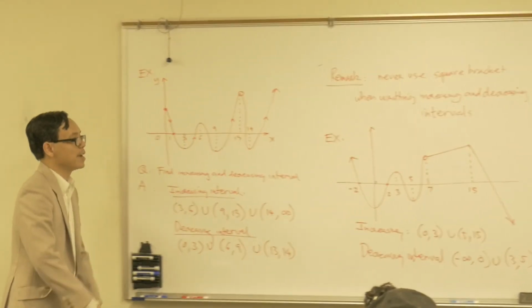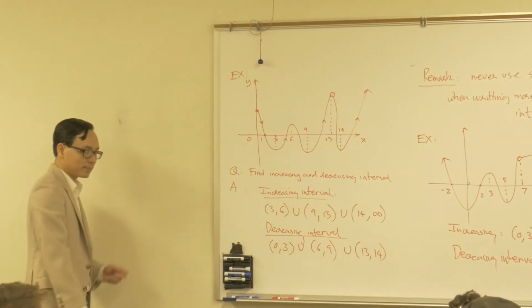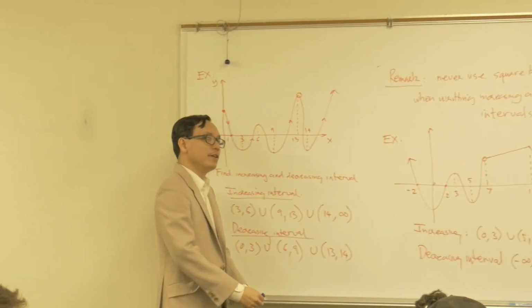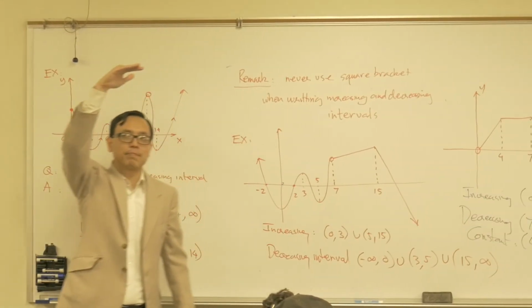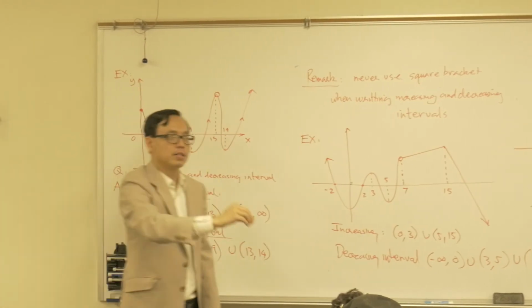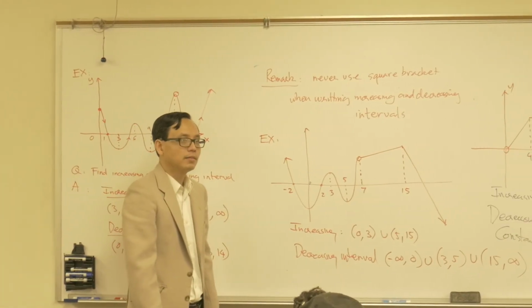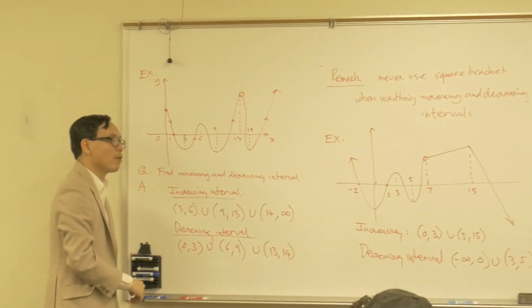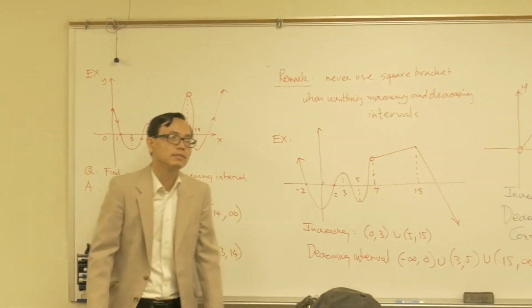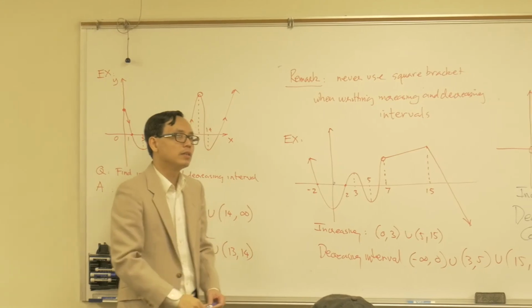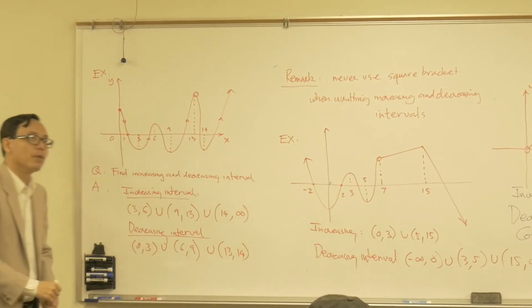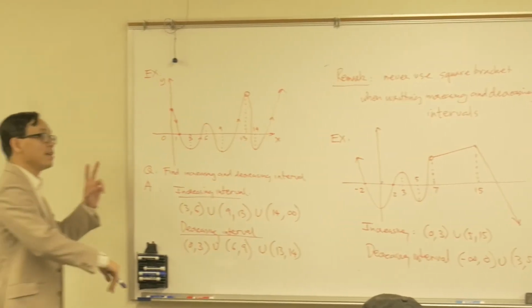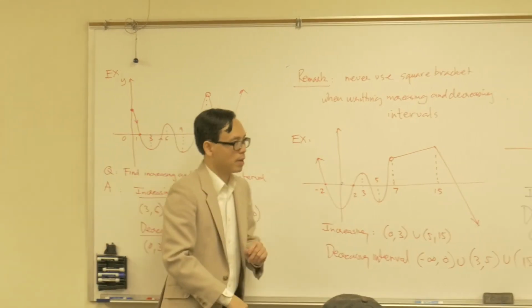And when it creates hills and valleys, it gives you a highest point and a lowest point. In mathematics we call the highest point the maximum point, and the lowest point the minimum point.